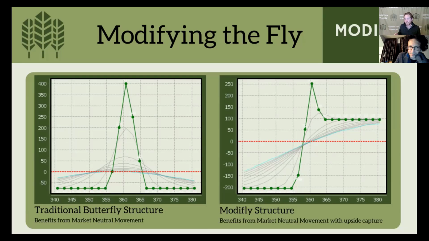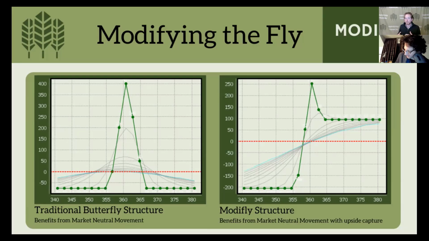But what we do here at Harvested to design our model portfolios is we modify the fly. So that's where the pun modify comes from. Haha, I'm sorry, everyone. But we set up the modify structure because that allows us to target more specific regions that complement the sort of returns that clients are looking for out of a model portfolio.